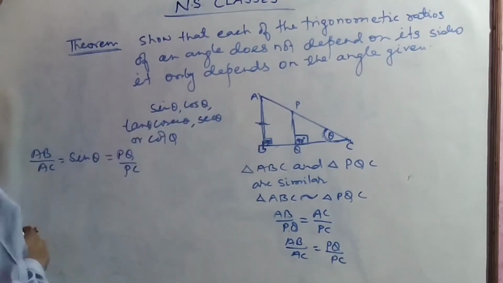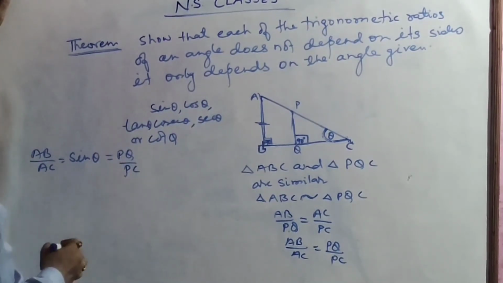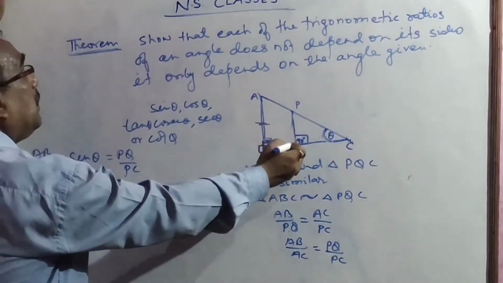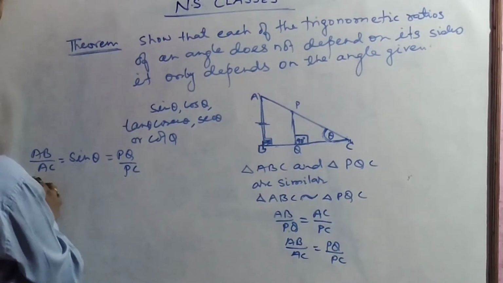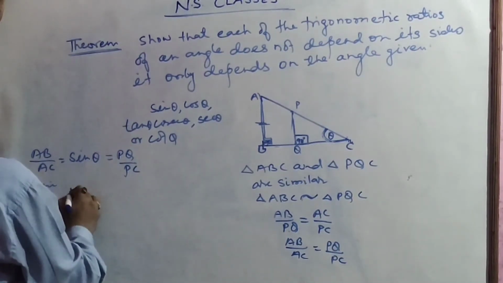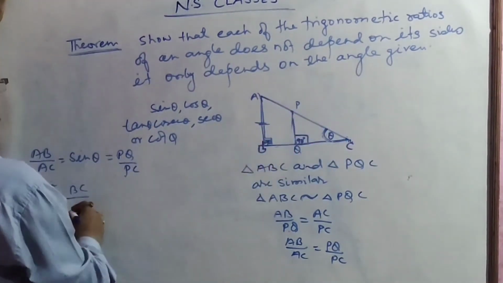Similarly, cos theta we can write as BC by AC.